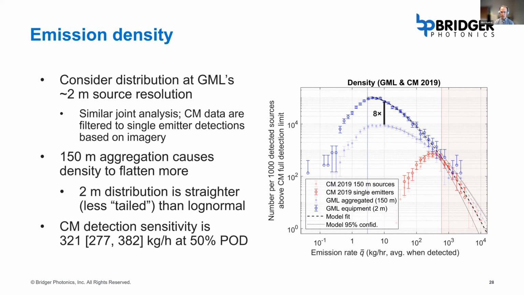So this is sub-log normal. This is not quite like a power function, but it's not a log normal. It's somewhere in the middle. The takeaway is that the spatial aggregation is causing that distribution to flatten out a little bit more as the emission rates decrease. We can then rerun that same sensitivity analysis to find roughly the same value, around 300 kilograms per hour for carbon mapper.